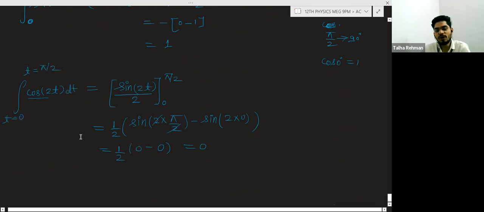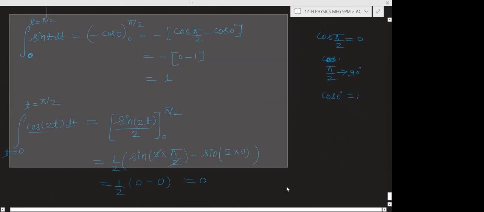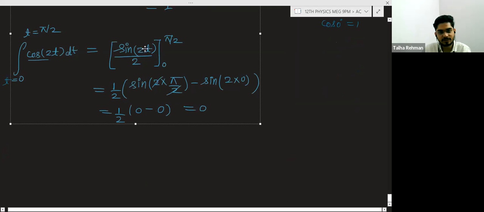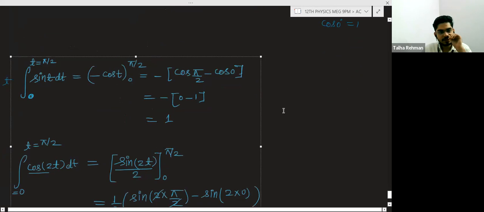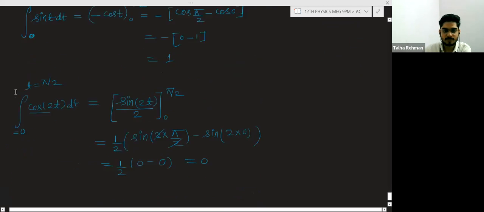I am just telling you how to integrate cos and sine. This is just a general thing I am telling you, not any kind of topic. This is for your understanding, since you have seen that we have used this integration many times.